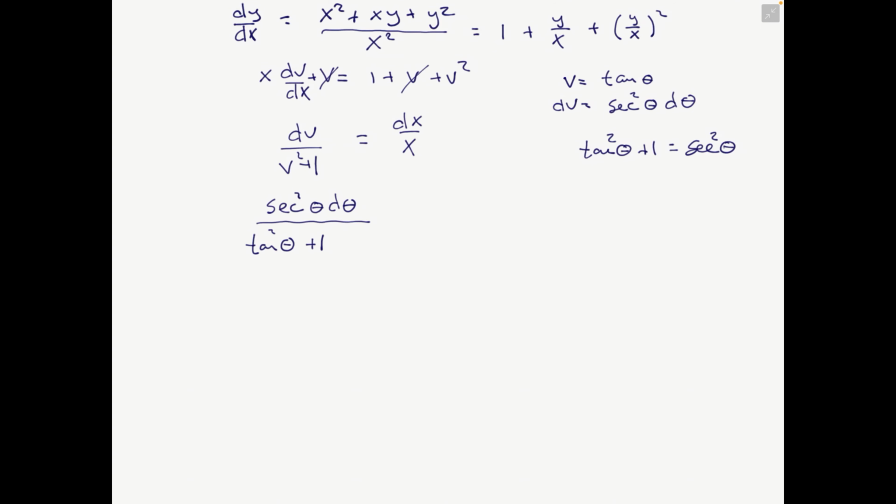Just an identity. So this is equal to dx on x. So we end up with d theta equals dx on x, and theta equals ln x plus c.